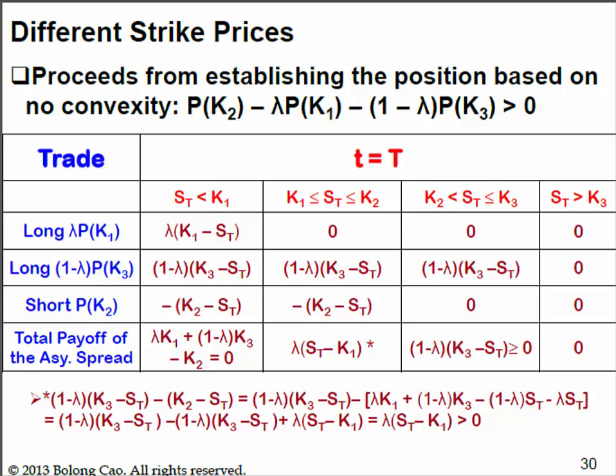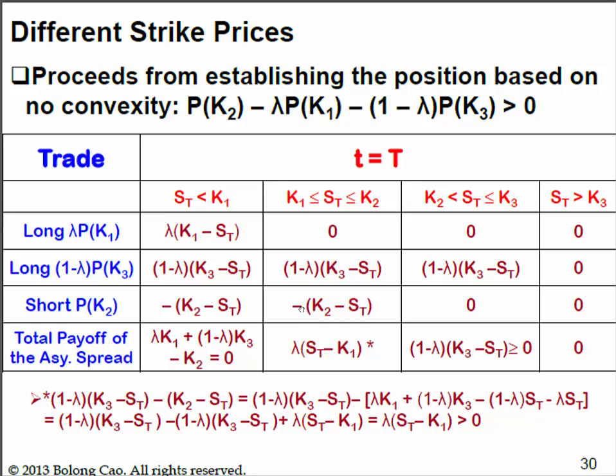Now think about the underlying price between K1 and K2, on the lower range for the asymmetric butterfly. Because the underlying is above K1 now, the put option with K1 as strike price is out of money. The high strike put is still in the money, so 1 minus lambda times K3 minus the underlying price at expiration is still there.